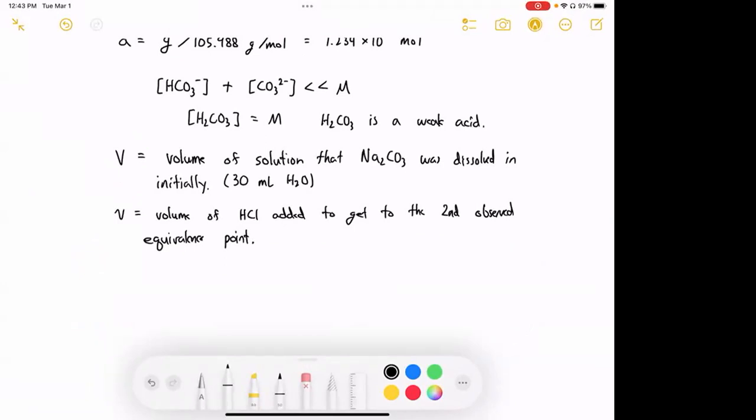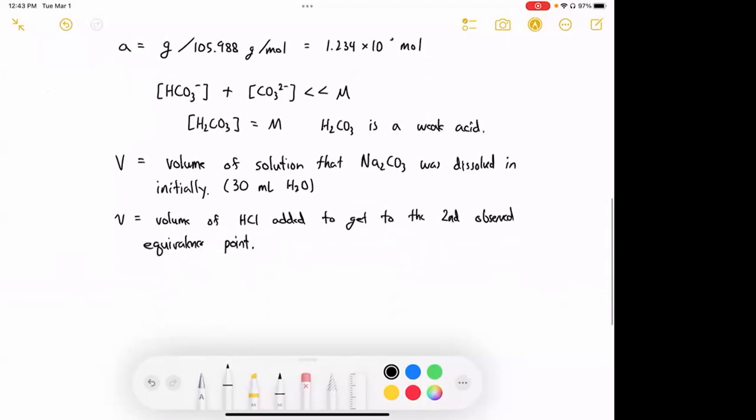All right. So if we have that equation, once we find Ka1, we can determine Ka2. So our equation now is, say that's 30 mils, and it took me, I don't know, maybe like 19 mils to reach it.